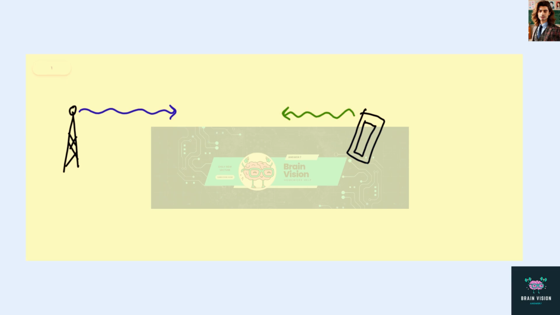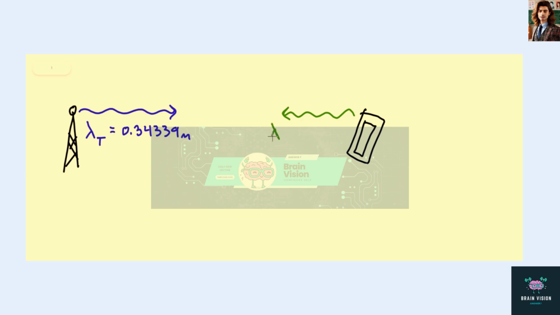We're told what the wavelength of these signals are. For the transmitter, lambda t, that's the wavelength of the transmitter, is 0.34339 meters.